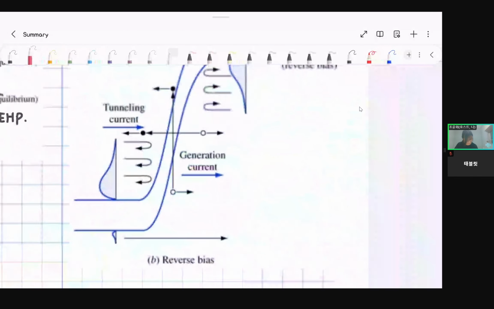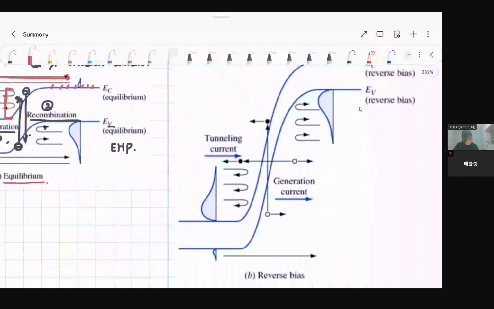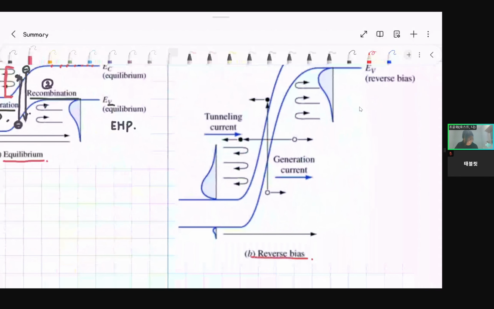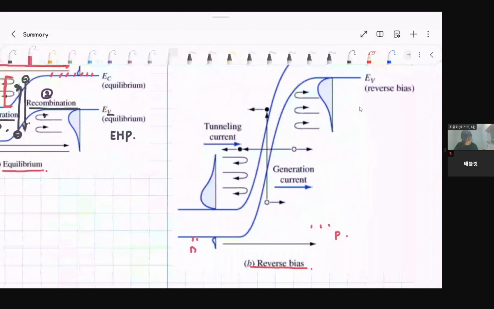The last is the reverse bias state. In this case, there is N-type and there is P-type. So we apply the bias, plus to N-type and minus to P-type.